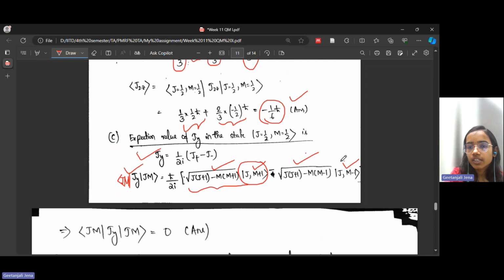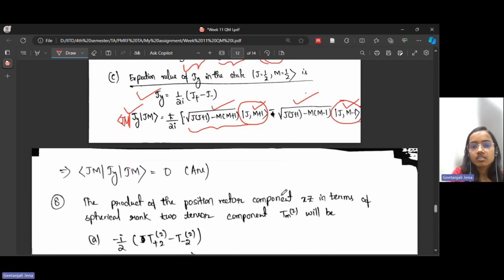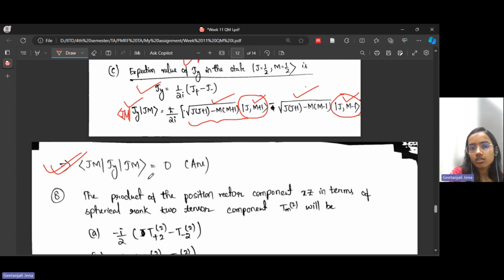And here you will get the inner product of JM with JM minus 1. So that means you will get a 0 value here also. So the expectation value of Jy will be 0. So this is one of the shortest ways you can solve the problem.